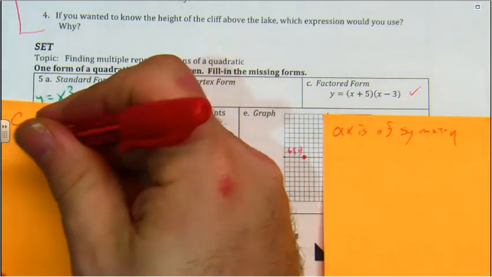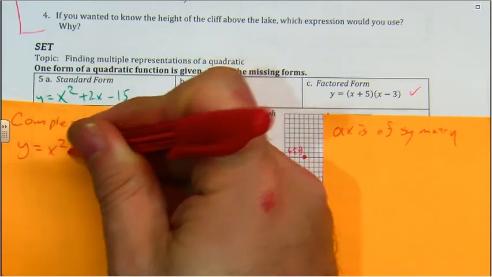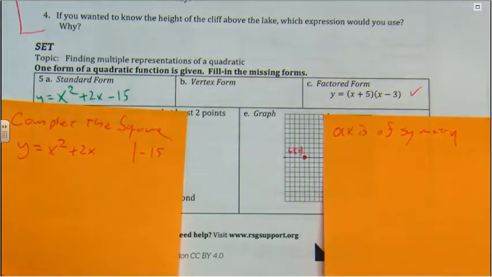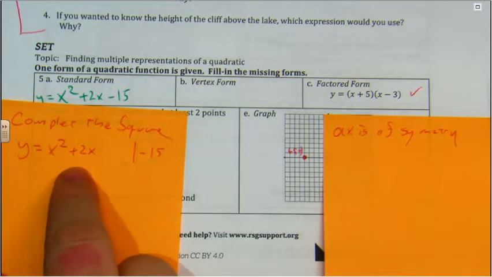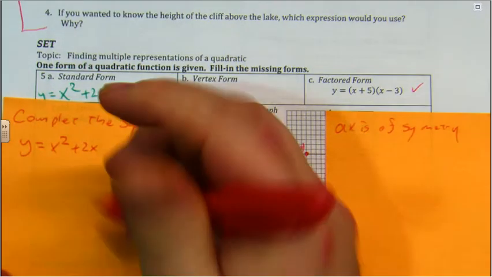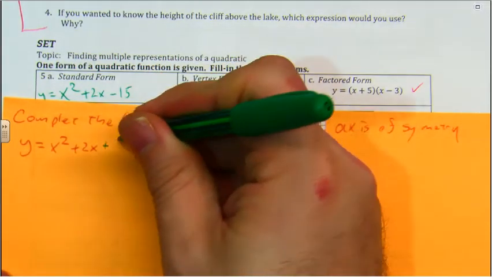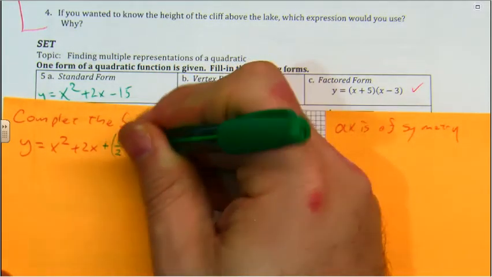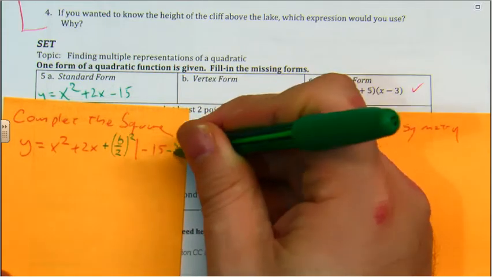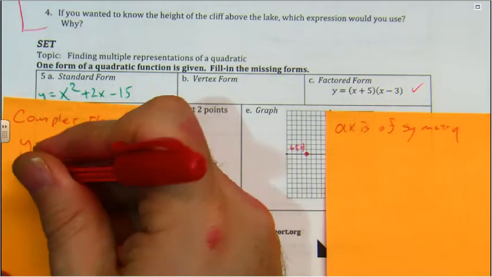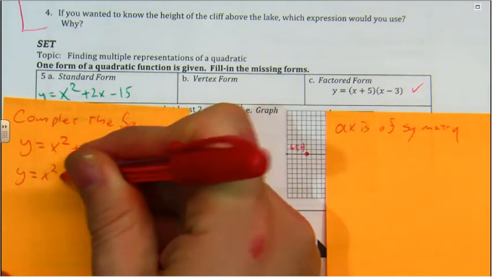So y equals x squared plus 2x, and then I'm going to briefly ignore the minus 15. I'm now going to complete my square. I'm going to take b over 2 squared. So I'm going to add in b over 2 squared, and then I'm going to subtract b over 2 squared here. So that becomes y equals x squared plus 2x.